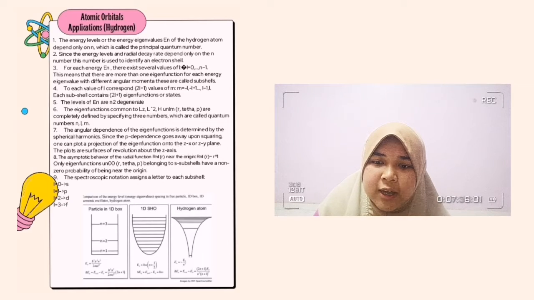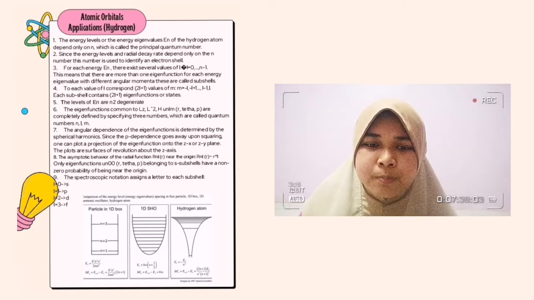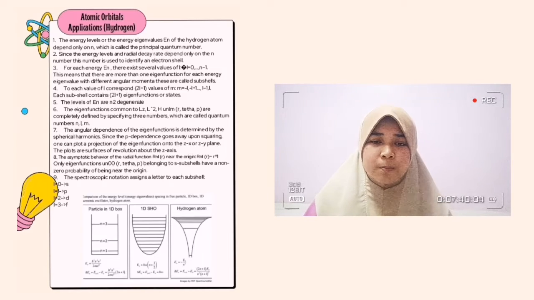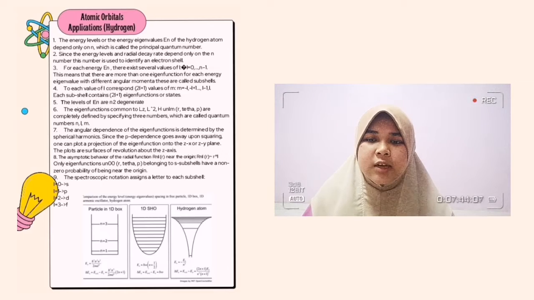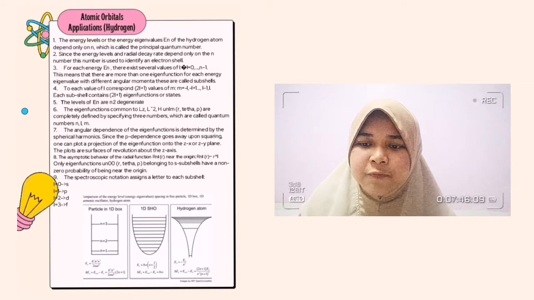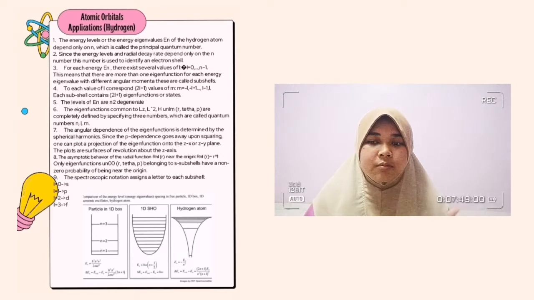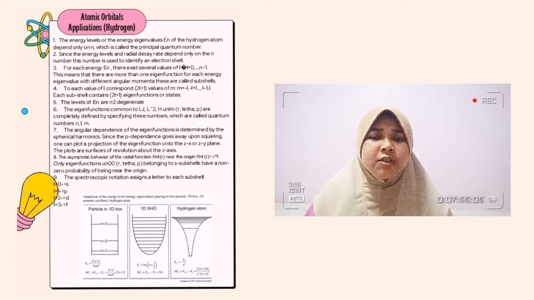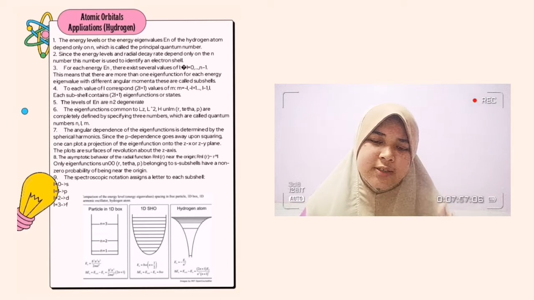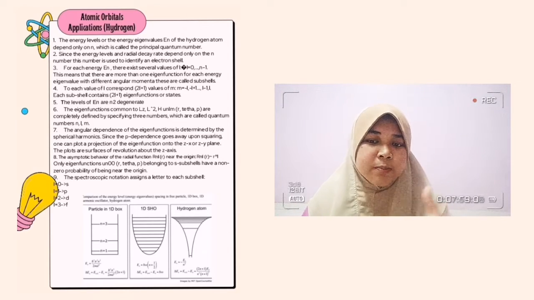And then we can compare this energy level, which is the energy eigenvalue spacing, in the free particle, then the 1D box, then the 1D harmonic oscillator, and then also the hydrogen atom, which we can see in the three boxes below.